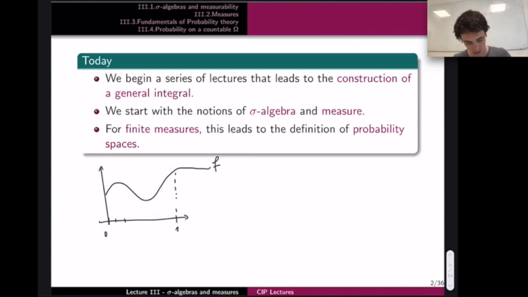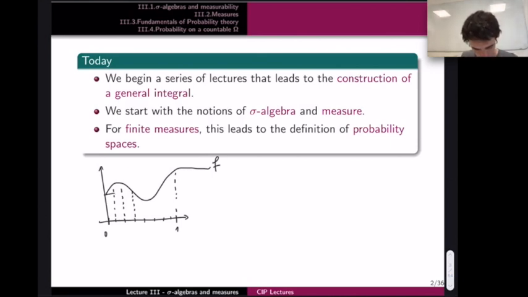I will discretize first my interval 0, 1 into smaller intervals, and I will consider the rectangles that are below the curve of f.